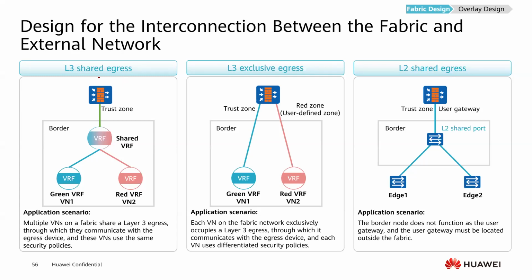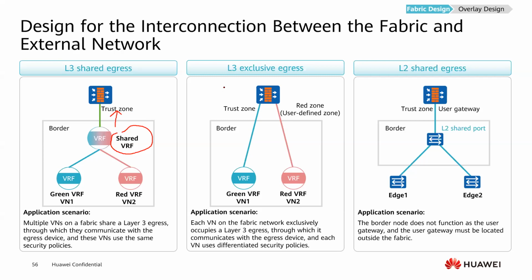For the layer 3 shared egress, the border creates a shared VRF, and the different VNs, which means different VRFs, send their traffic to the shared VRF, and then the shared VRF establishes an IP static VPN instance route to the external network.